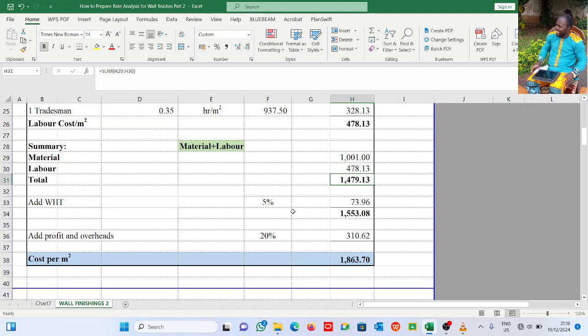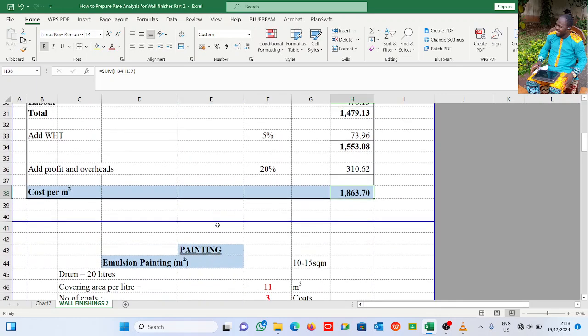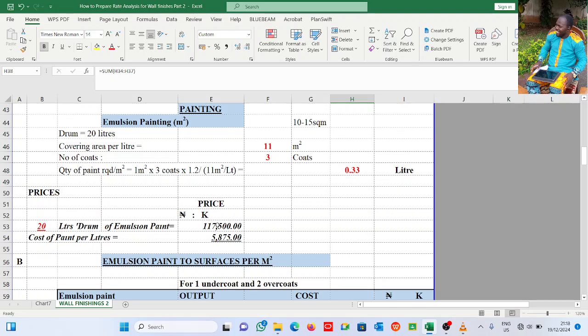You're preparing analysis for a friend or for somebody that wants to erect a bungalow for a client. You're not registered, neither is the client. Please don't add withholding tax. Only for registered organizations. So please take note. We have profit and overhead, and we have this. So we go straight to painting.